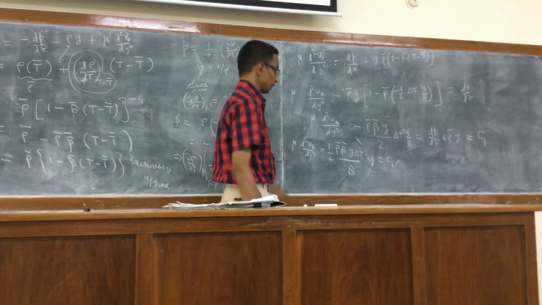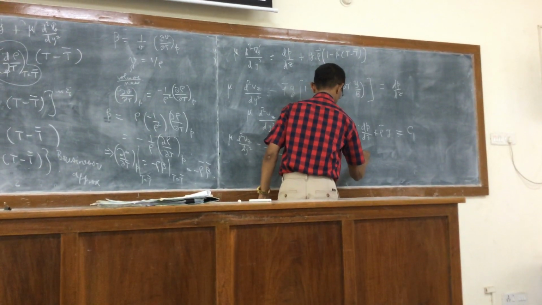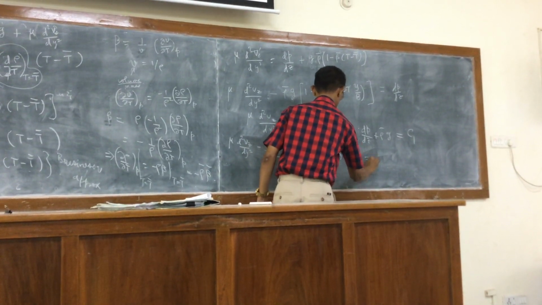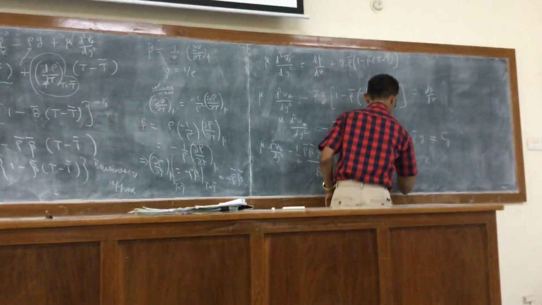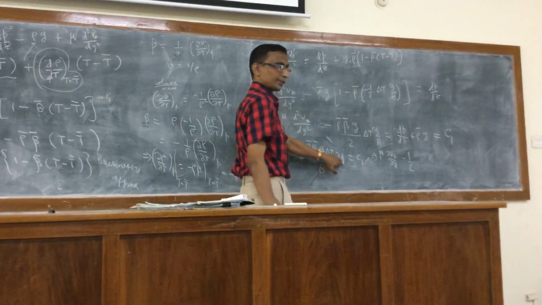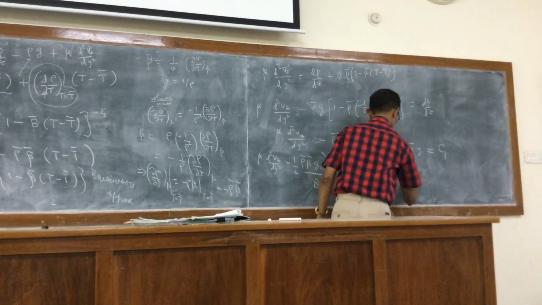So first time if I integrate it, I get minus half, and then integrating once, we give it y squared by 2.